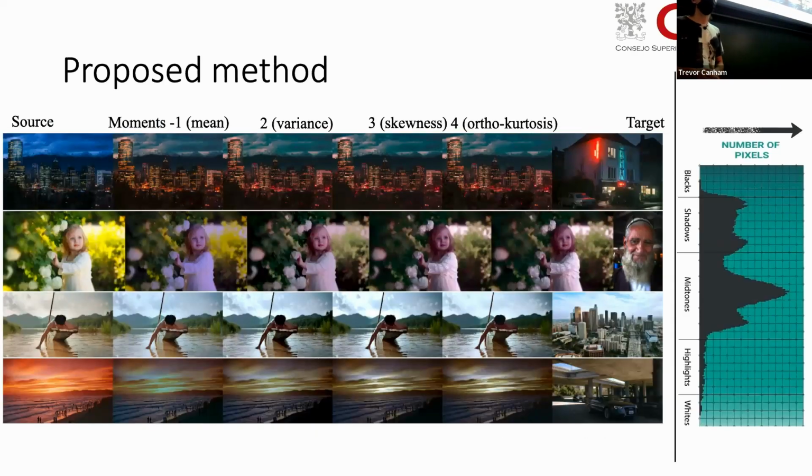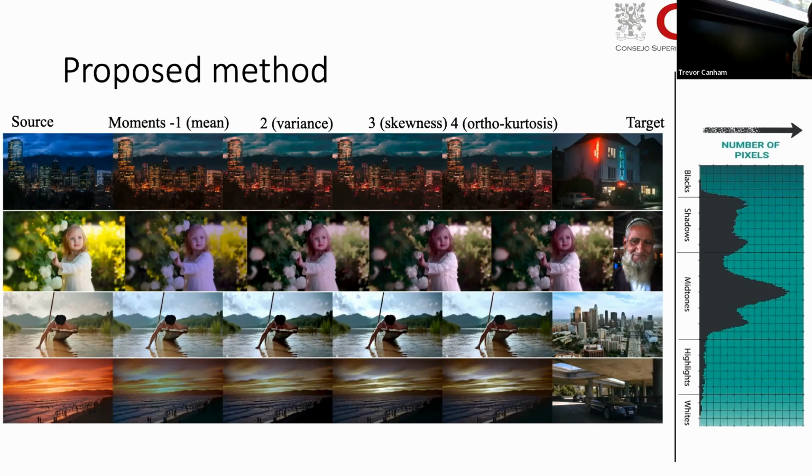So just to give a bit of an overview on statistical moments, I know that our audience here is probably well versed in statistics, but I have an image histogram here as a visual tool. The mean and standard deviation are the two statistical moments that Reinhard used for this method.